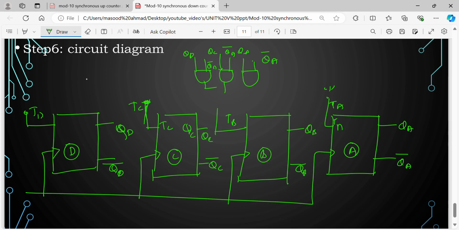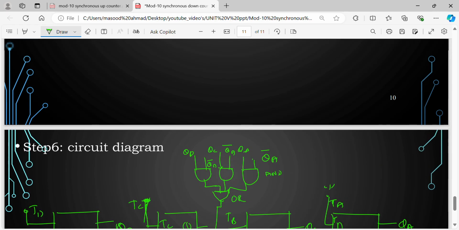All these outputs I need to give to an OR gate, and we'll get an output. So these are 3 AND gates followed by an OR gate.